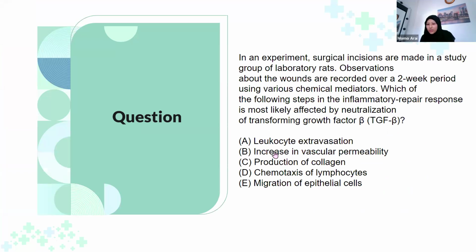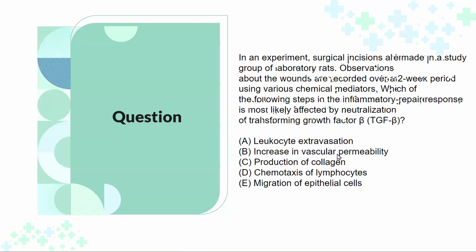Someone said B, increase in vascular permeability. Which growth factors are those? We said there are two main ones: vascular endothelial growth factor and fibroblast growth factor.